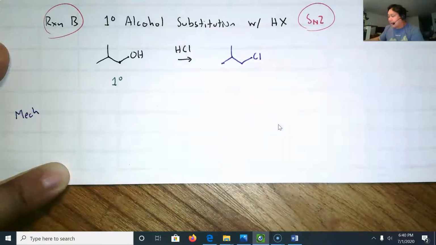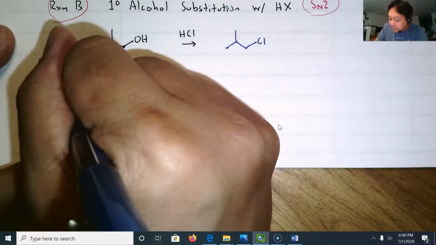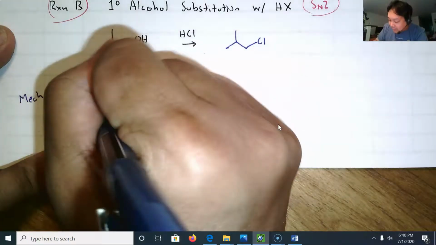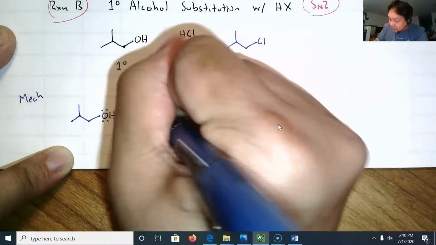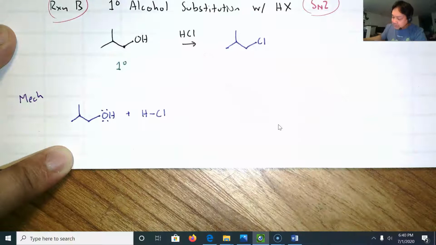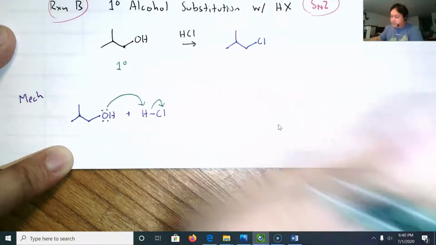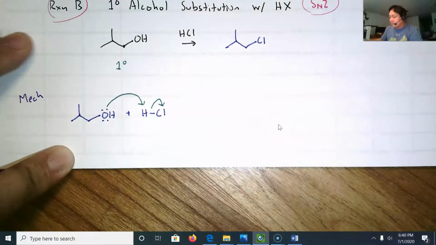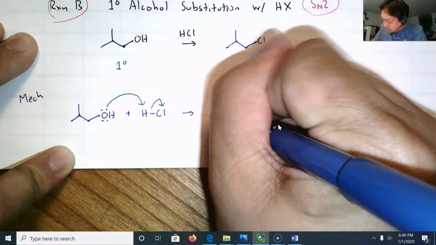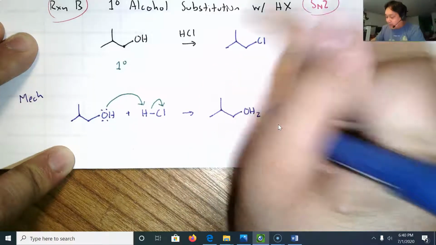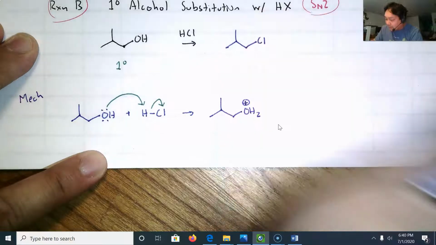The fact of the matter is that OH is still a bad leaving group. So we still have to go through the process of making it a good leaving group by protonating it. I'm going to shorthand this, and that's perfectly fine, OH2, but remember it's positive now.